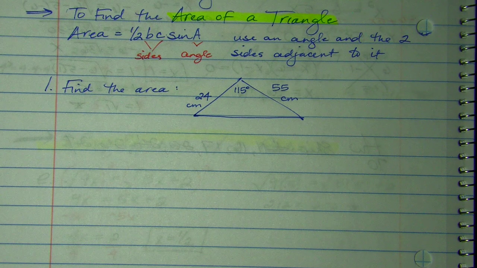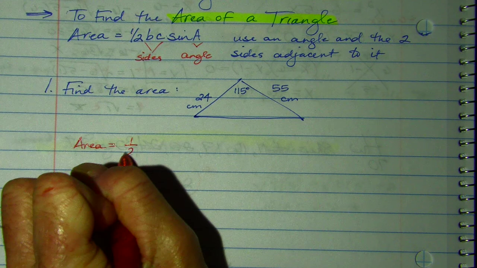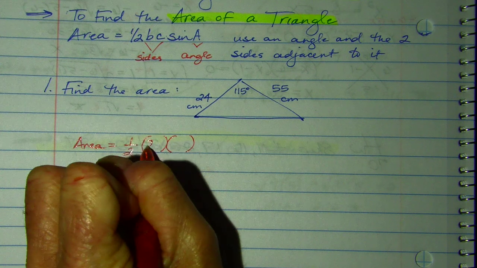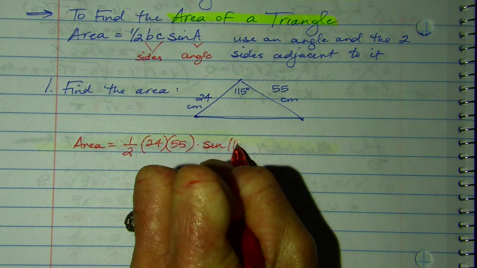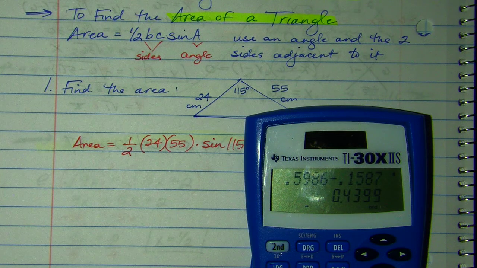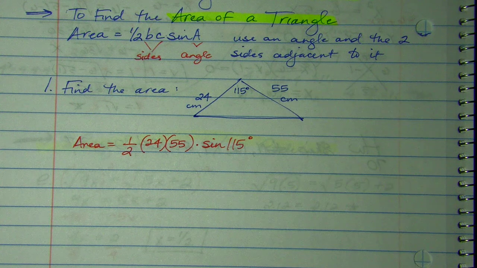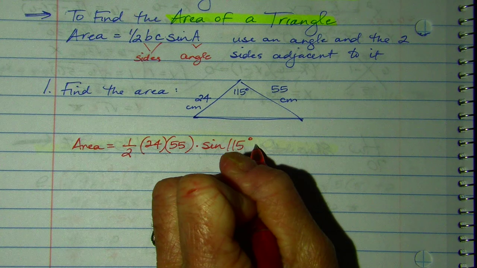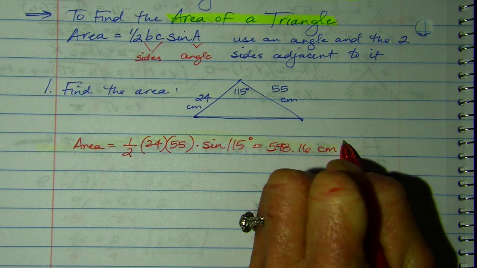To find the area, I'm going to do 1/2 times my two adjacent sides, so 24 times 55, times the sine of my angle, which is 115 degrees. You can enter that all at once if you'd like. So 0.5 times 24 times 55 times the sine of 115 degrees. Hit enter, and I get that the area of my triangle is 598.16 centimeters squared.